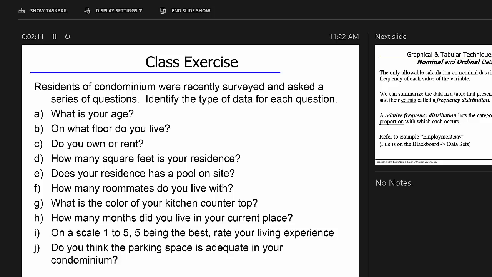Do you own or rent? Answers are 1, I rent, 2, I own. What do you think? Nominal? Probably nominal. Why not ordinal? Because the American dream is to own a house, right? If you ask most people, they probably tell you their dream is to buy a house. So does that mean owning is definitely better than renting?